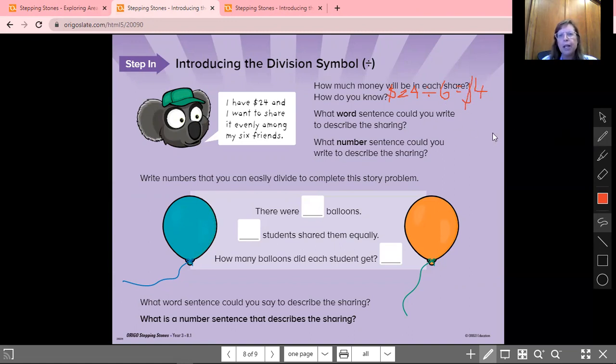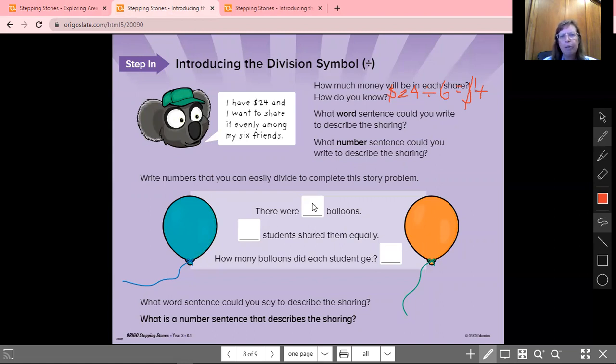Oh, that's our word sentence. And there's our number sentence. What the word sentence would be: $24 divided by 6 equals $4. Our number sentence would look like this: a very wobbly $24 divided by 6 people equals $4 each.